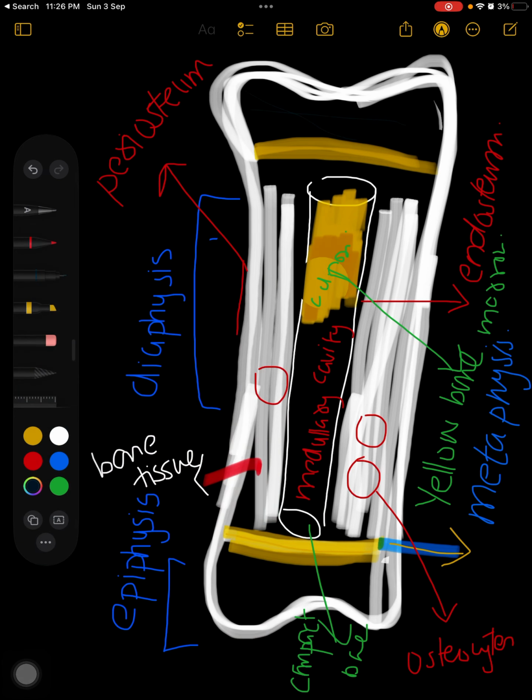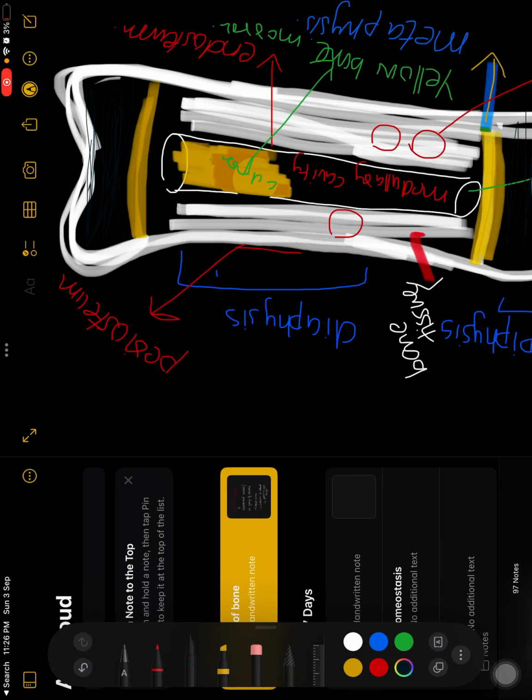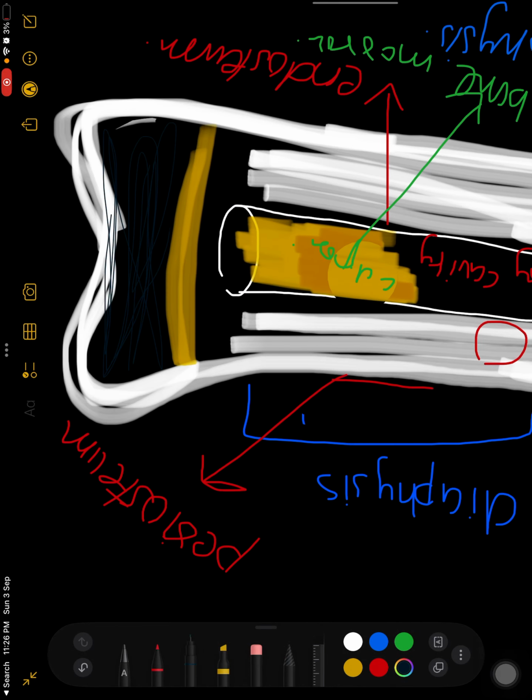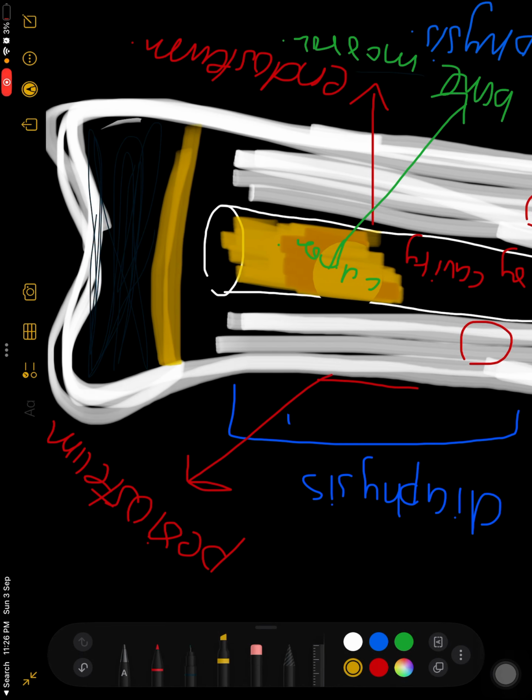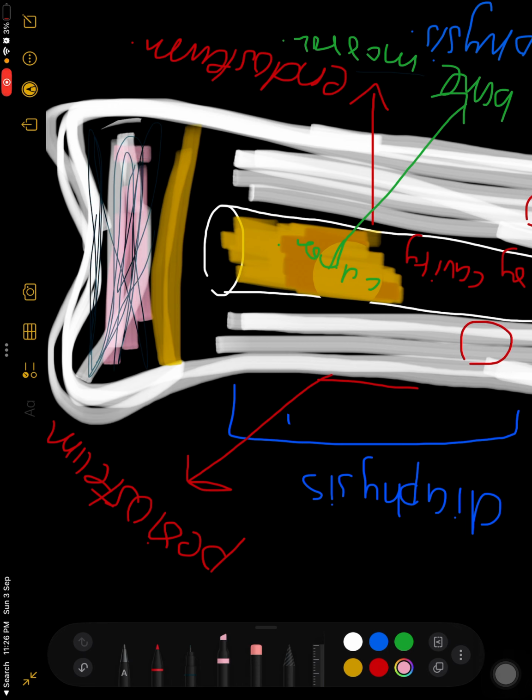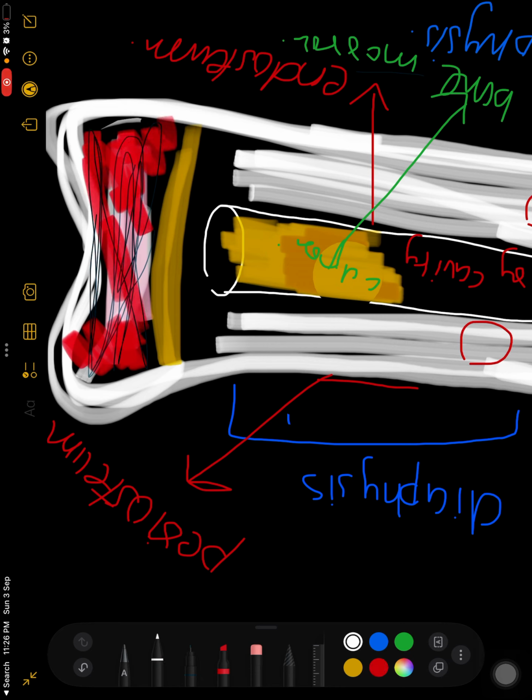This is quite porous bone, right? How could I draw this? This is a porous bone, and it contains red bone marrow.